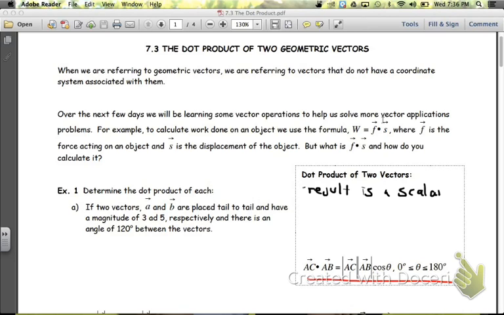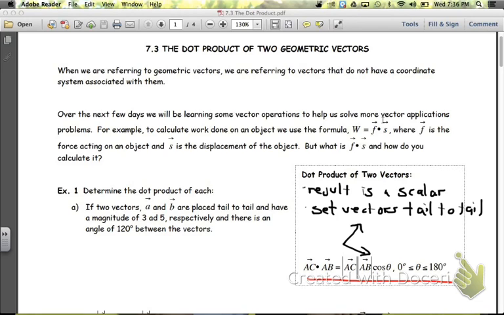When using the dot product, you're going to set your vectors tail to tail. When we added vectors, we always added them tail to tip, but when we're doing the dot product, always make sure that we do tail to tail.